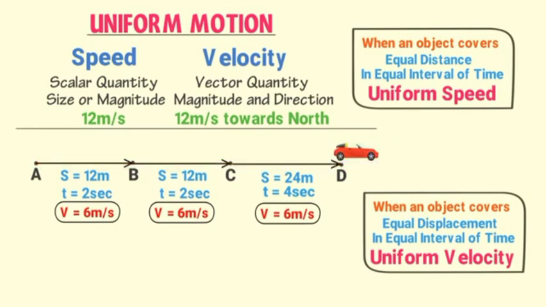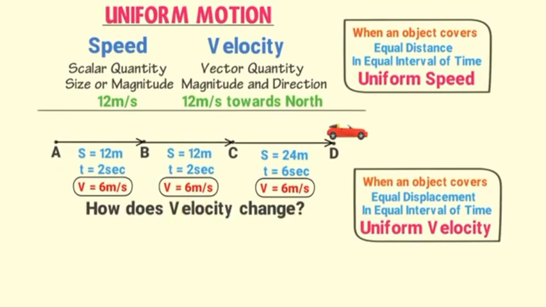Here, let me ask you a very important question. How does velocity change? Do you know the answer? Well, you must know the answer to this question. Otherwise, you will not be able to learn uniform motion or non-uniform motion. The answer is that when the magnitude of velocity changes, velocity changes.